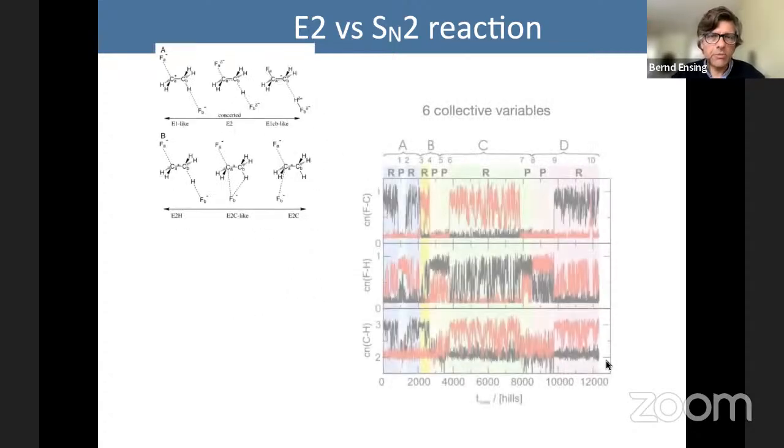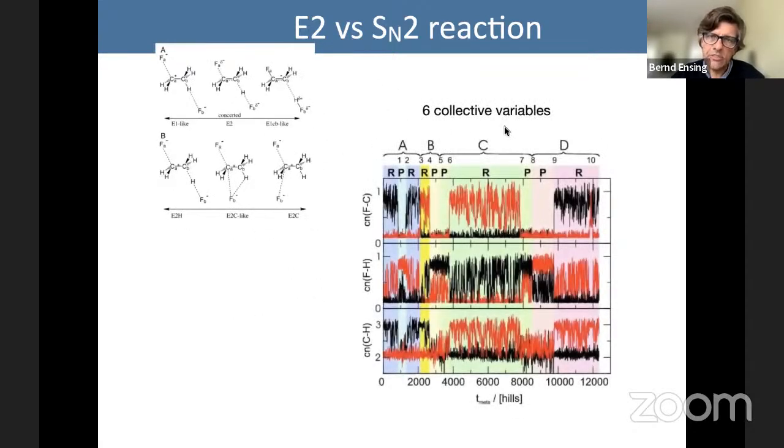So, and that's what we try to sample with 6 collective variables. I'm not sure if people have tried more collective variables with metadynamics. Maybe Max knows, but I like to believe it's still the record today, 6 collective variables with metadynamics. And they're all coordination numbers. So CN stands for coordination numbers. So the number of carbons around the fluorine. So there's 2 fluorines, right?